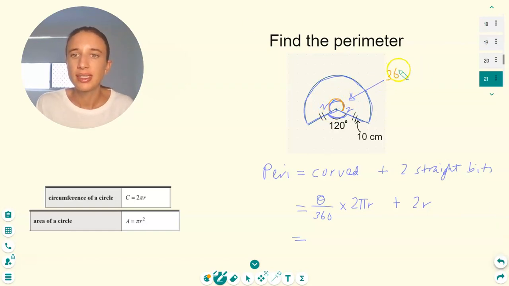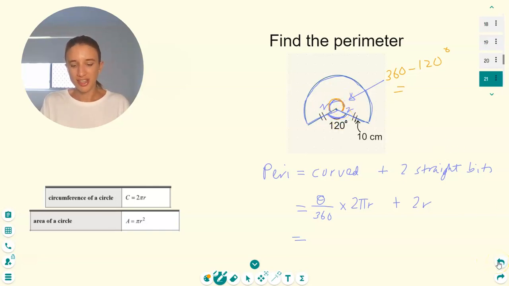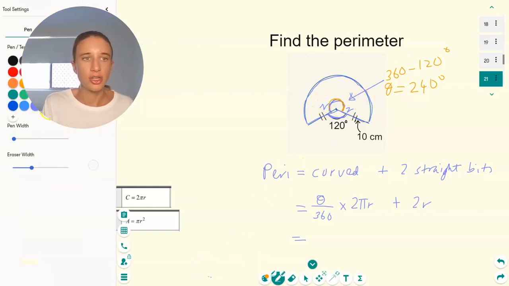So 360 take 120. We're going to subtract because we're getting what's left over. All right, full is 360. Yep, I think you get the picture. 360 take 120, 240. So sometimes you actually have to calculate theta. Make sure that you plug that into the equation and not the other one.